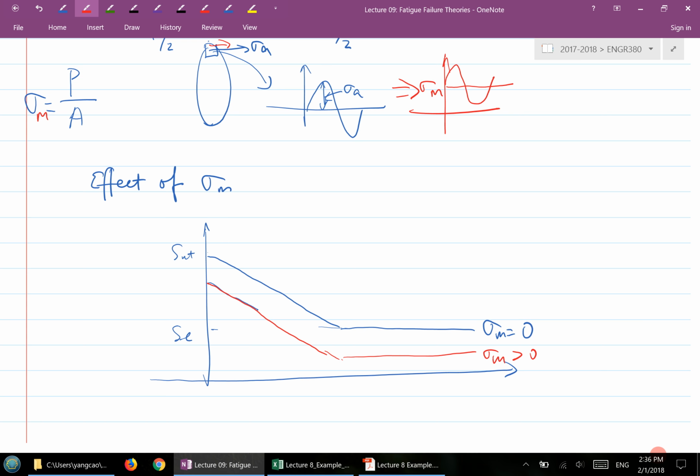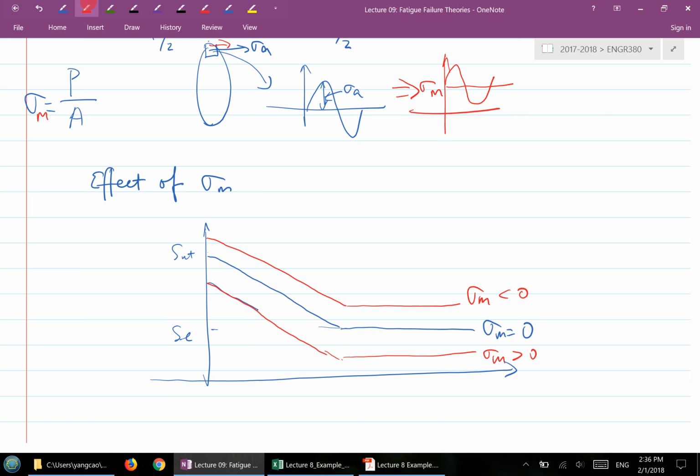So that will result in a curve on top of this, for sigma m less than 0. Is that good?